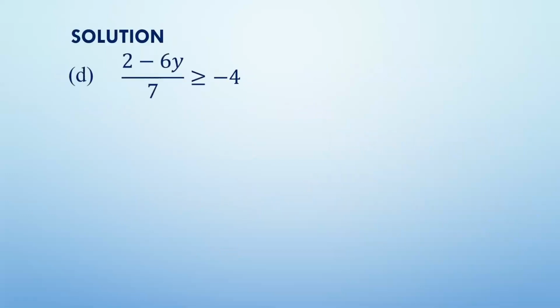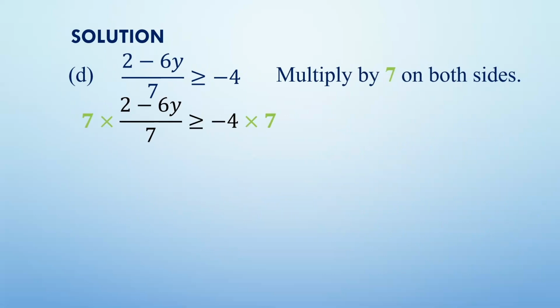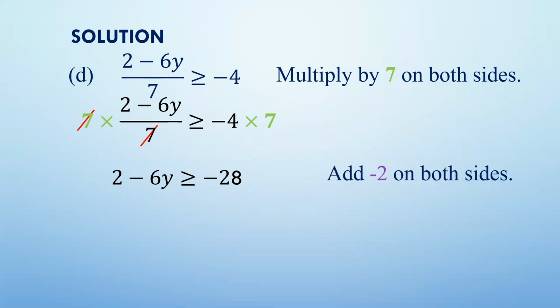Part D, 2 minus 6y over 7 greater than or equal to negative 4. So I first multiply by 7 on both sides. And I get 2 minus 6y greater than or equal to negative 28. Now I need to add negative 2 on both sides.